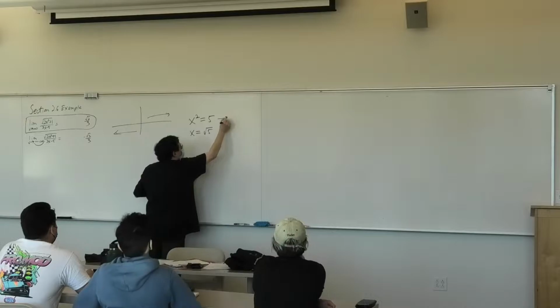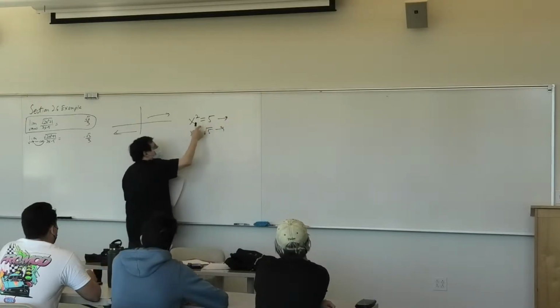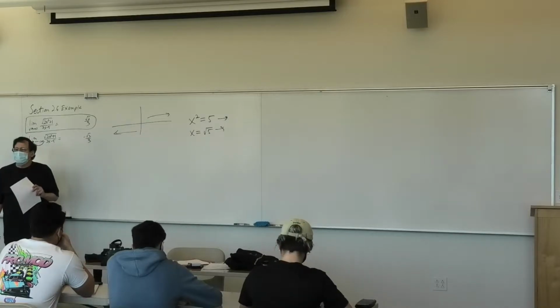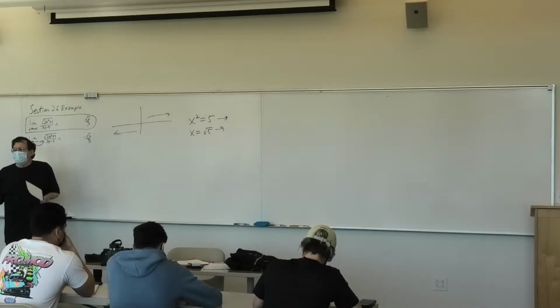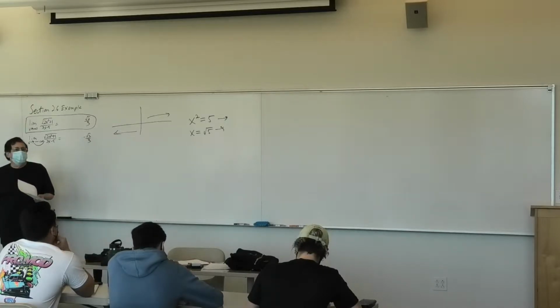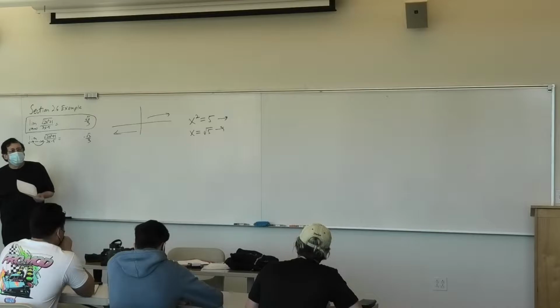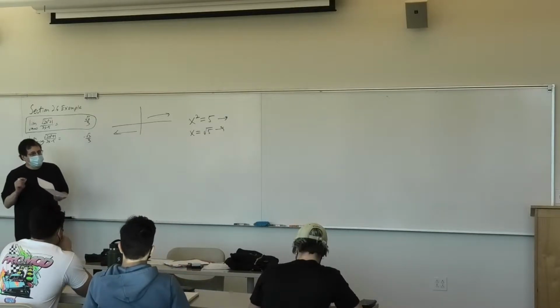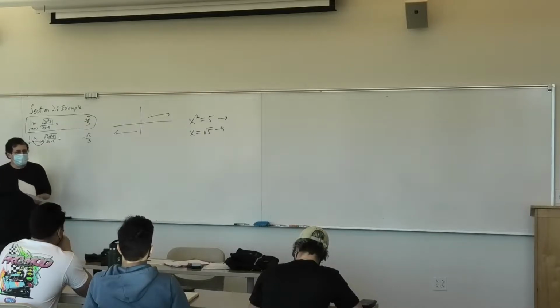Okay, so now what is the solution to this? Take a look at what x is. What's the solution to that? Anybody? There's a small trick here, but it's very small. Anyone?